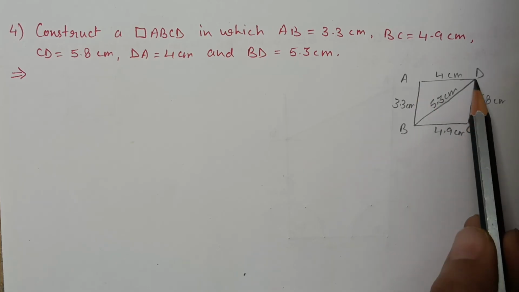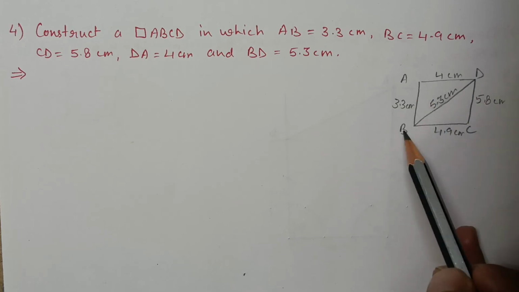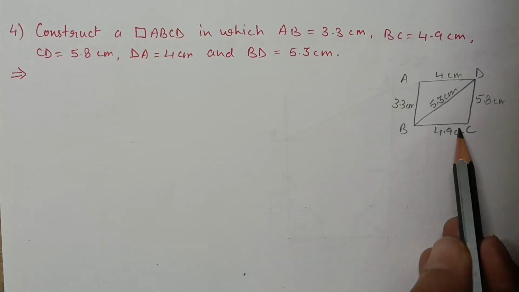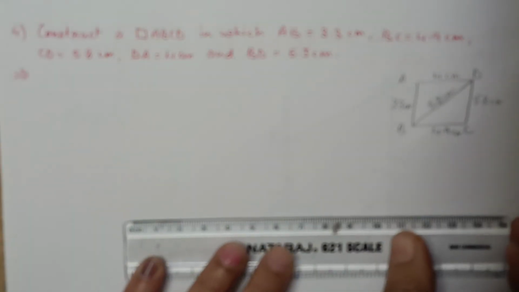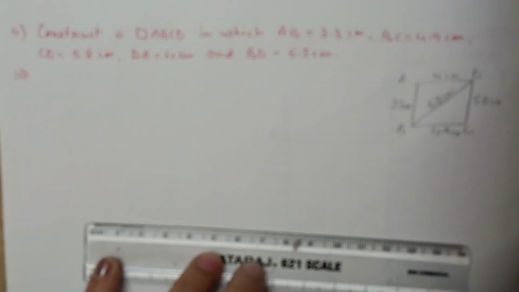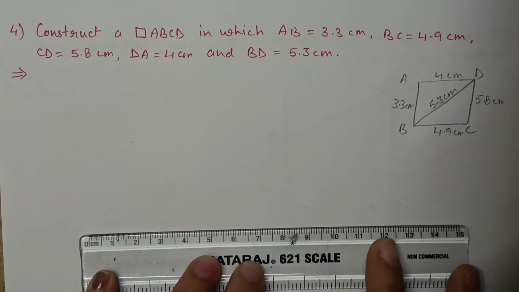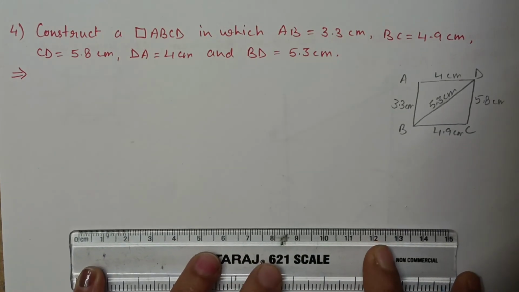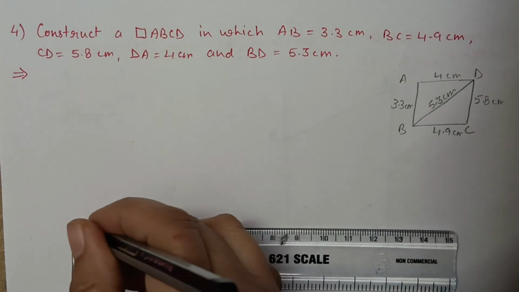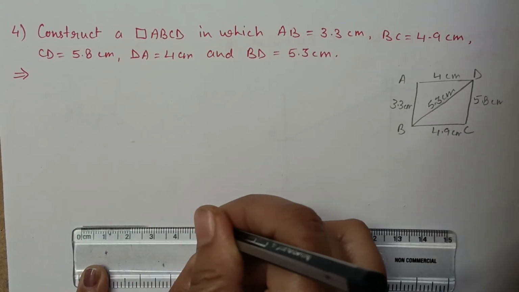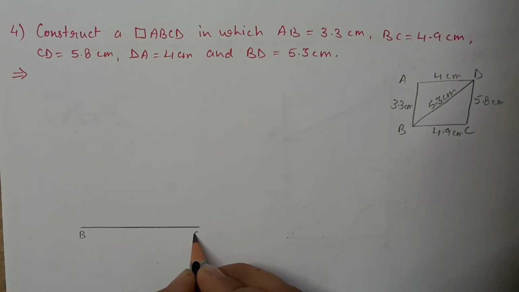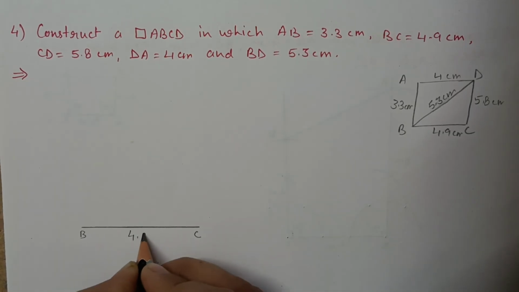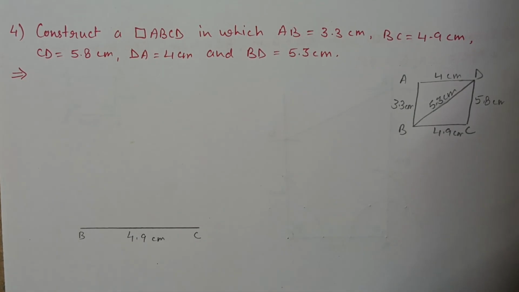So first we will start with this triangle and then we will complete this triangle. So first BC 4.9 centimeter. B to C 4.9 centimeter.